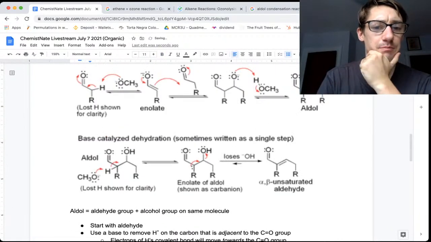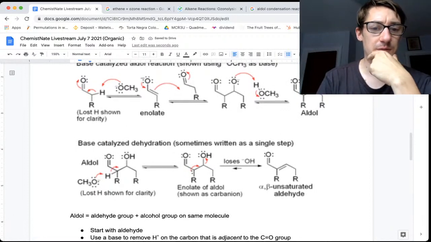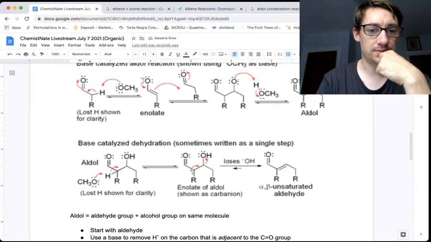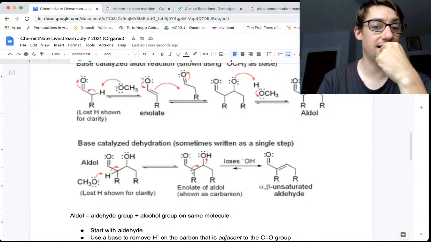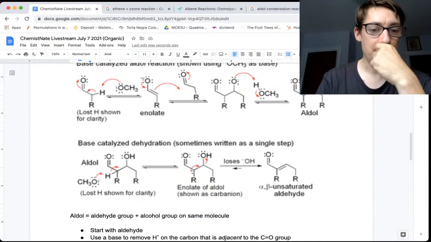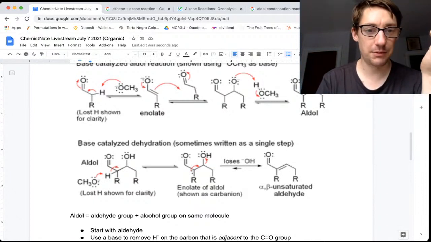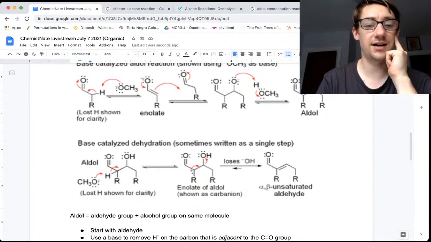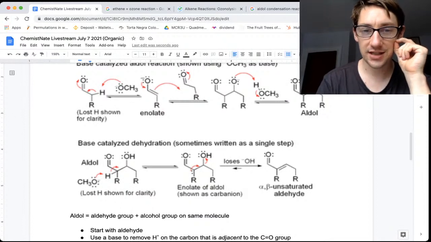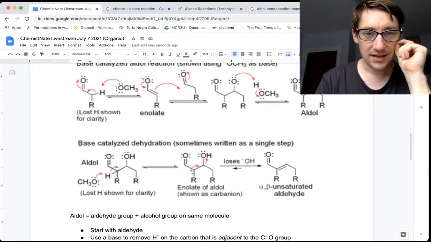Okay, so base absorbs that acidic hydrogen. The electrons from that covalent bond flow to become a pi bond. And that's possible because the double bond here can be broken to give the oxygen a minus formal charge. I like that.